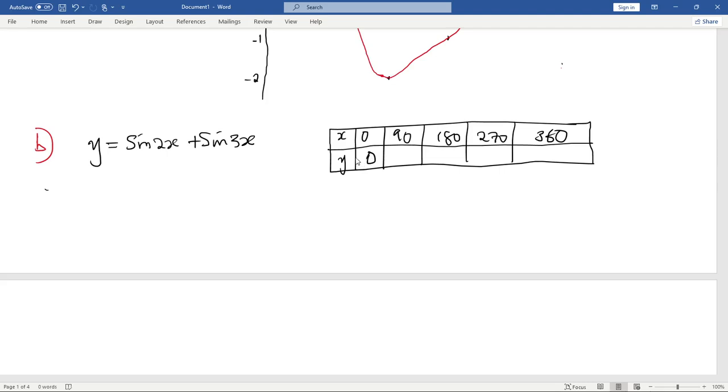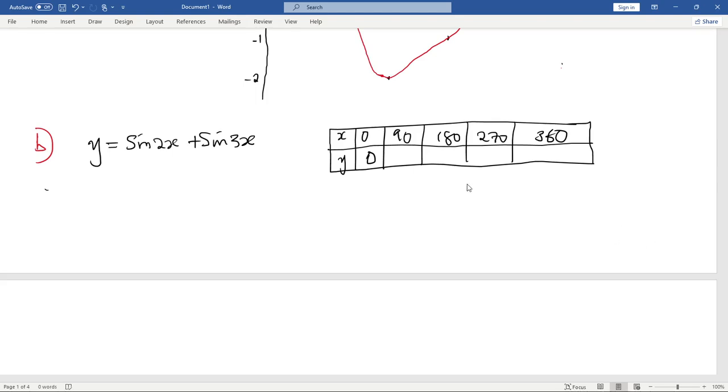Then when x is 90, we're going to have sine 2 times 90, we get 180, plus sine 3 times 90 there.